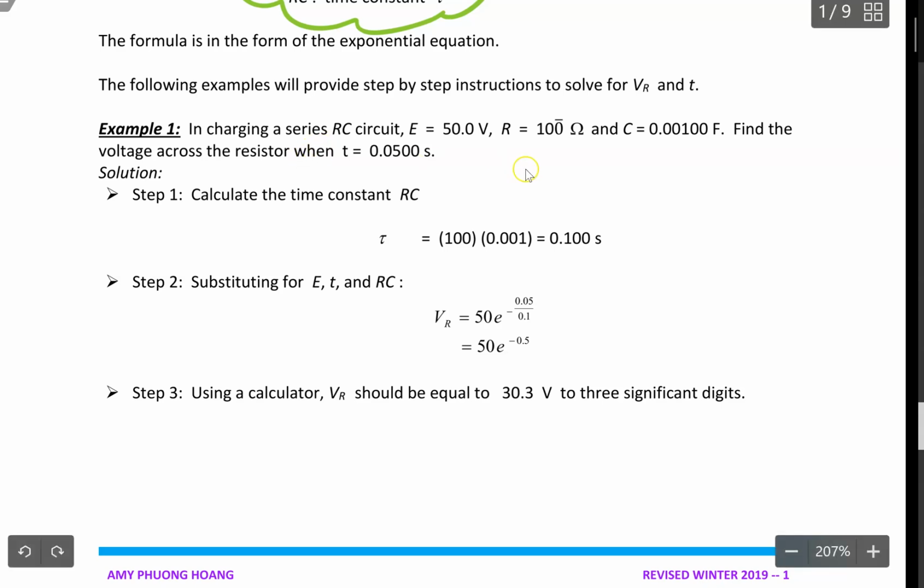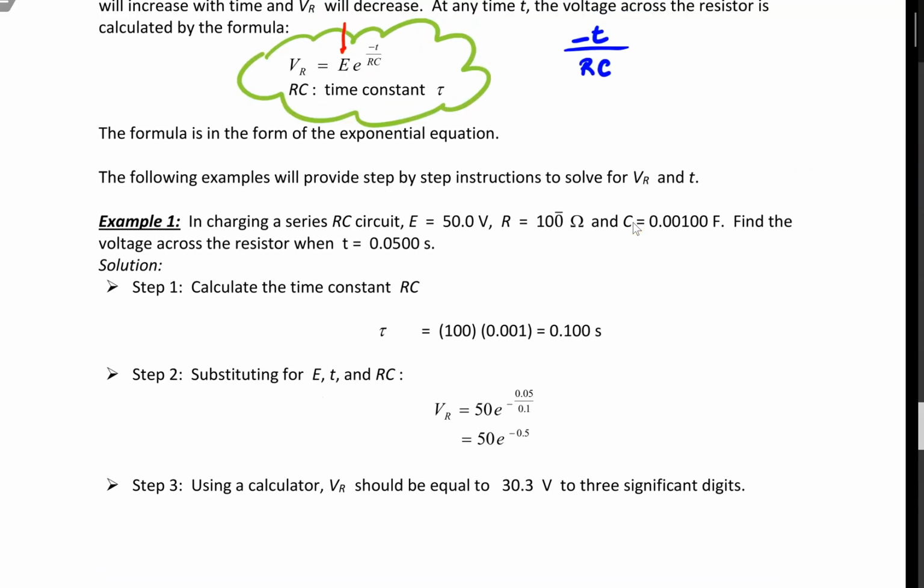Don't forget, this is just an example and I may not have the real values for any of these components, so we just want to make sure that we know how to practice the calculation with these particular formulas.